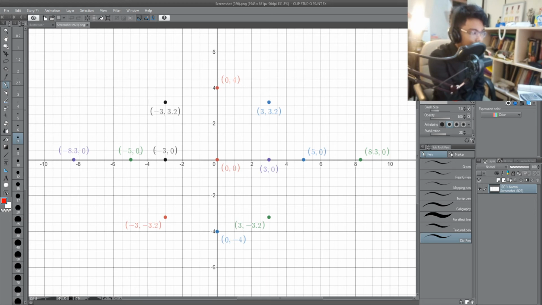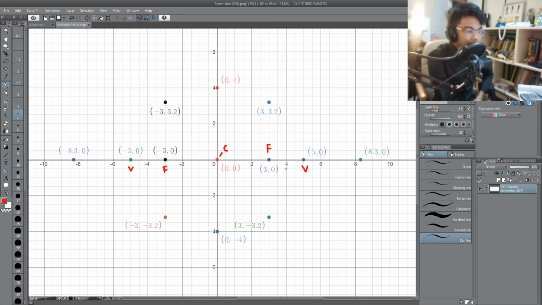So this is currently the center. 0, 0 is our center. Our vertices are negative 5 and 0, and 5 and 0. Negative 3 and 0 is our focus, and 3 and 0 is the other focus.